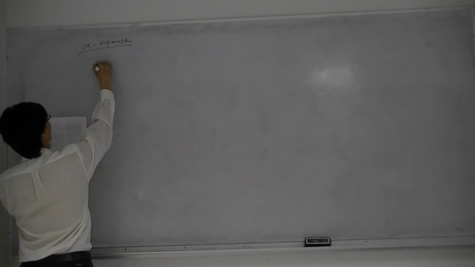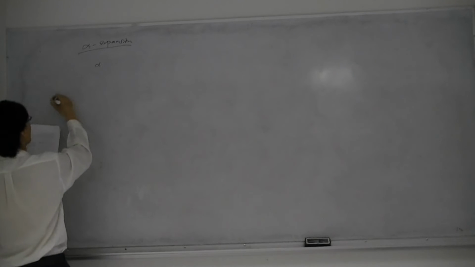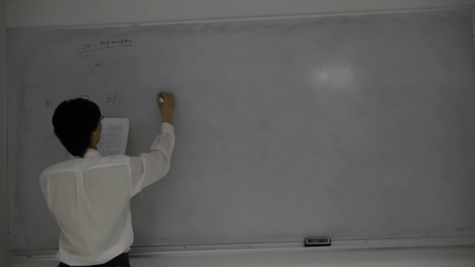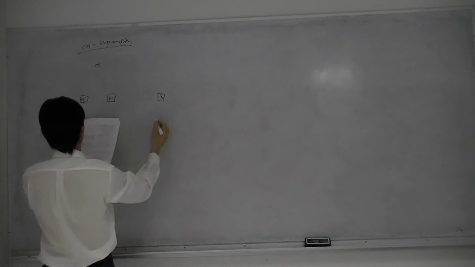So I have, again, some alpha nodes here, some P nodes here, some Q nodes here, and some R nodes here. Nodes mean pixels here, and S pixels here.